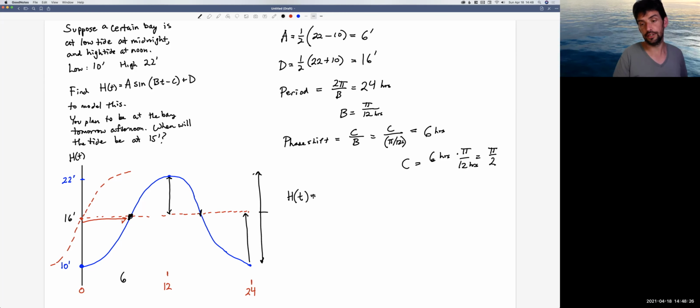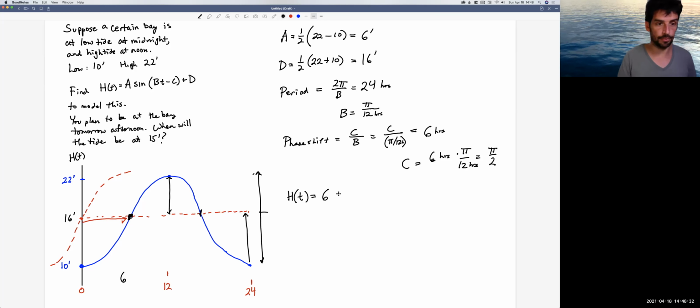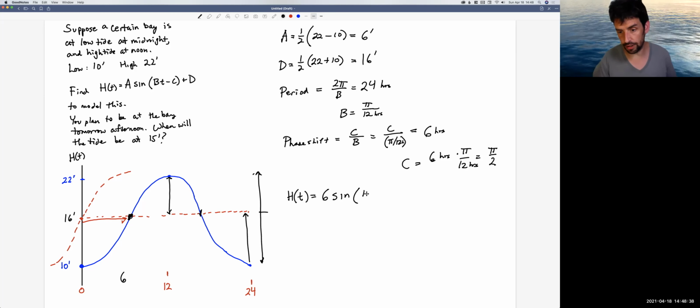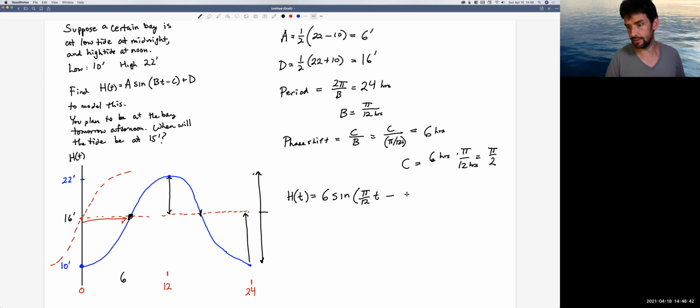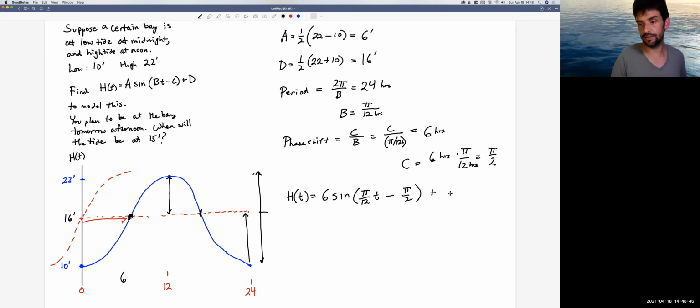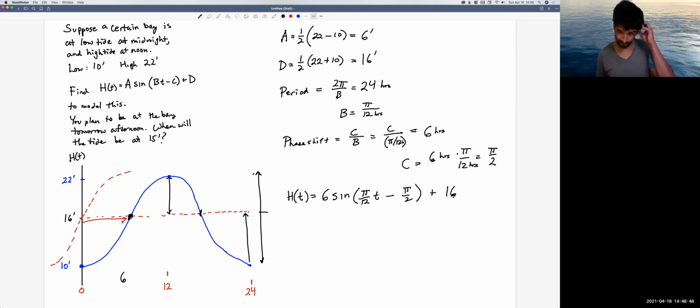H of t is equal to, and then we'll talk about the units. 6, I'm going to leave them off when I write this to keep it simple, but we'll go through and see how they all work out. B was pi over 12, t minus pi over 2, putting in C, and then plus D is 16.